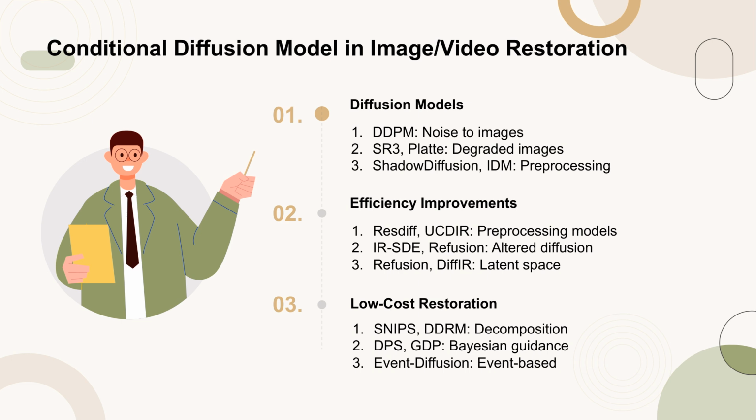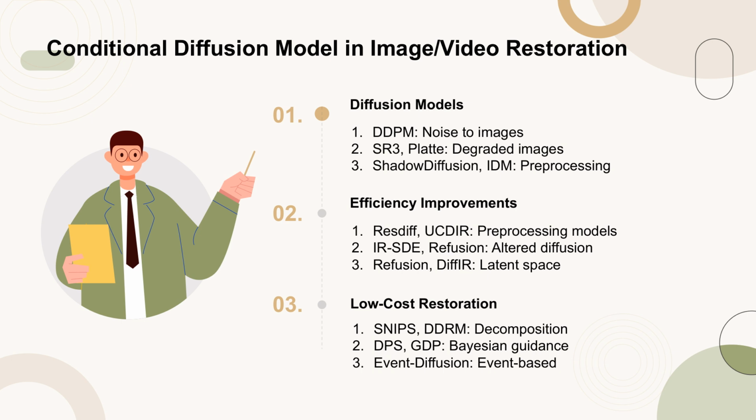Efforts to improve efficiency include ReStiff and UCTR, which employ additional pre-processing models, and IRSD and Refusion, which altered the diffusion process to start from noisy degraded images. Refusion and DiffIR encode images into a latent space for faster processing. Additionally, low-cost restoration methods like SNIPS and DDRM perform decomposition using well-known degradation models, and DPS and GDP guide the sampling process based on Bayesian theory.